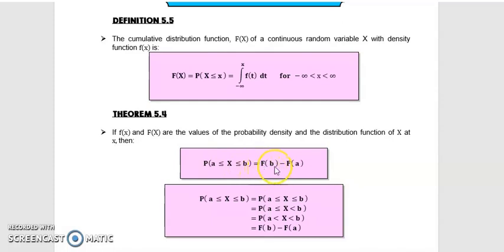So this equals F(b) minus F(a). Again, as I explained before, in continuous distributions, with or without the equality signs does not matter, because later on we need to integrate from the lower limit to the upper limit.